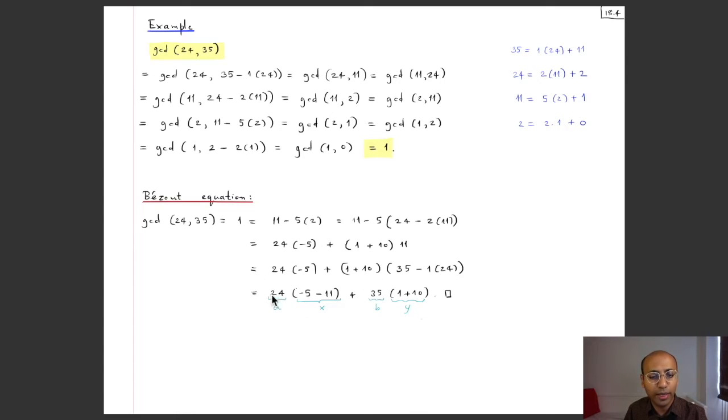So I've got a times an integer x plus b times the integer y, where a and b were our original numbers 24 and 35. So we have expressed the GCD as a combination of the original numbers with some integer coefficients. Okay, so this can always be done by writing the remainder in terms of the other data, and you keep going backwards till you end up with the old numbers.